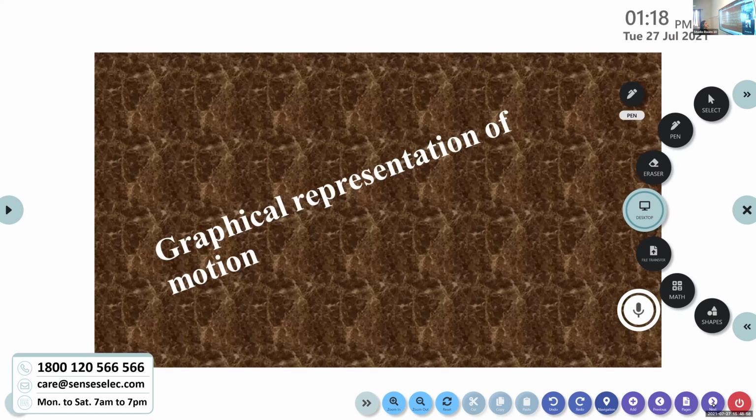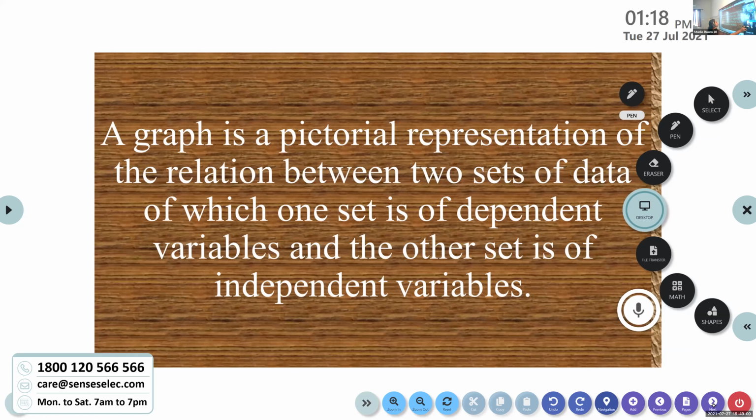A graph is a pictorial representation of the relation between two sets of data, of which one set of data is a dependent variable and the other set of data is an independent variable. So this is a definition for a graph. You just try to understand it. From lower classes, we are studying about this graph. Graph is a pictorial representation of data.